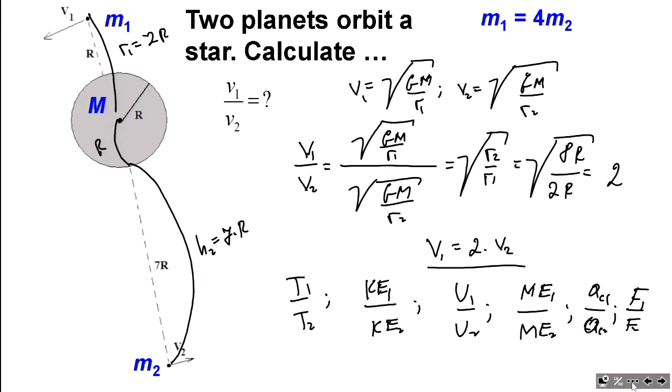Every time the gravitational constant G and the mass of the central object M will be cancelled, and everything will be related just to the ratio of the distances, maybe to a certain power, square root, 3/2, something else. This has nothing to do with physics anymore, just pure algebra.